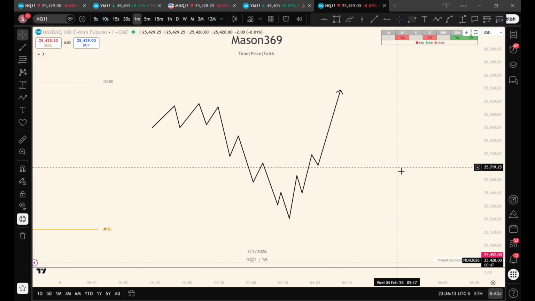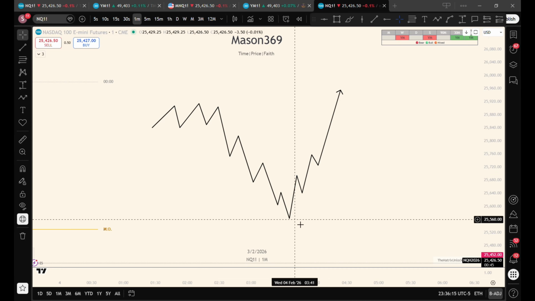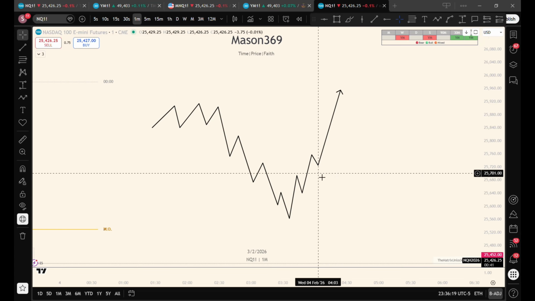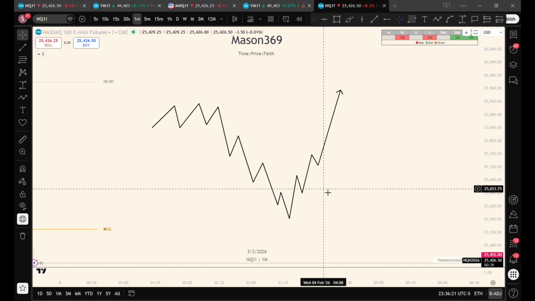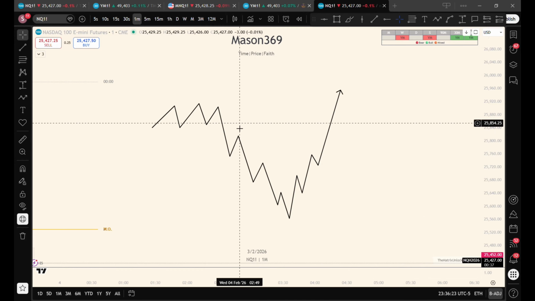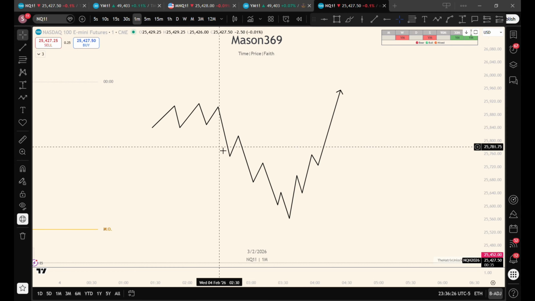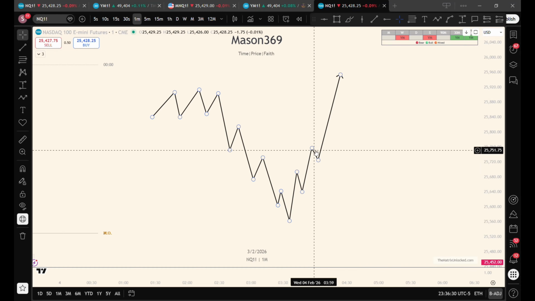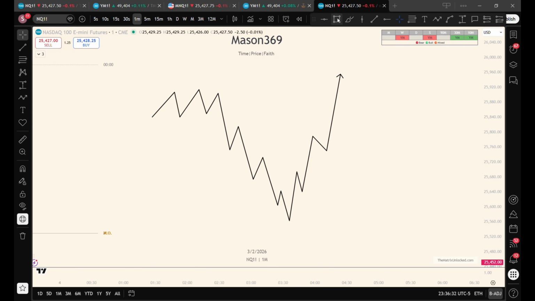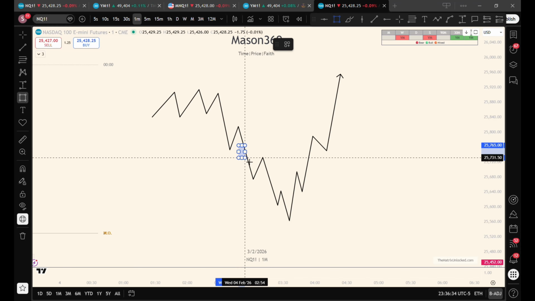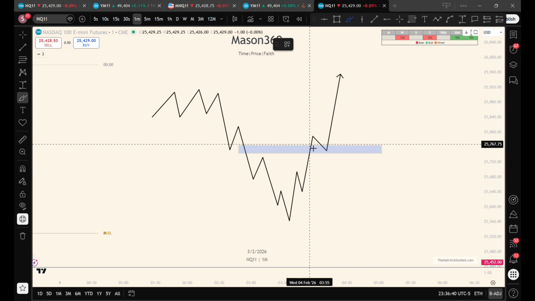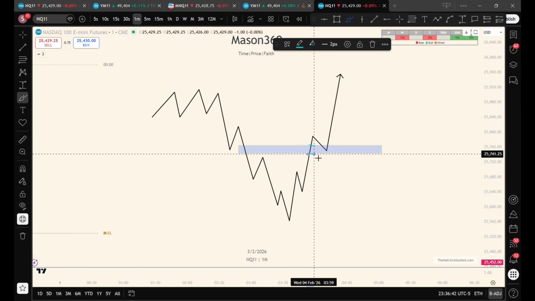But essentially, other than just purge and reverts, a way to anticipate where price is going to retrace and also find support is using balanced price ranges, where we can project the previous side, or the left side of the curve, to the right side, which typically looks something along the lines of this. Let's say that we have a SIBI, for example, left unfilled, unbalanced on the left side of the curve. We can go to the right side, and let's say that there was now a BISI right here that occurred.